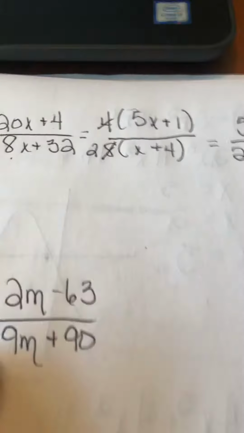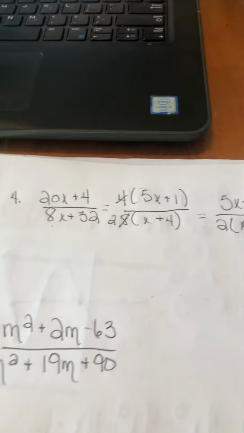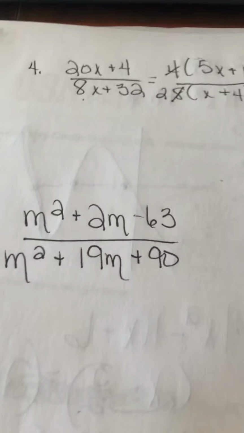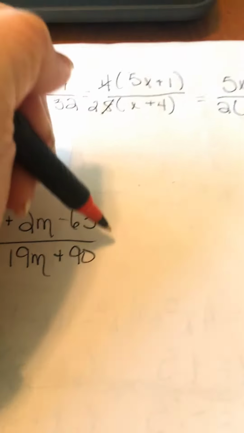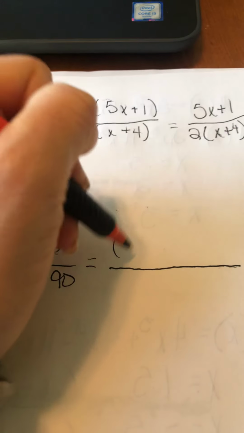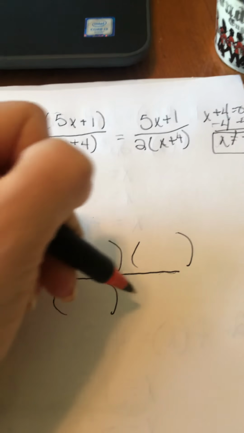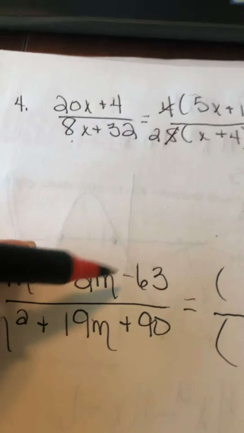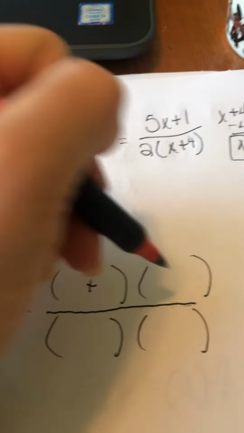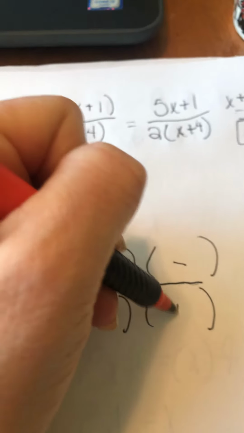Now let's take a look at what happens if I have two quadratics that we have to factor. The first thing you're going to do is factor these out. I don't have GCFs, I know that. We get our signs, which should be a positive and a negative, and then here our signs are a positive and a positive.